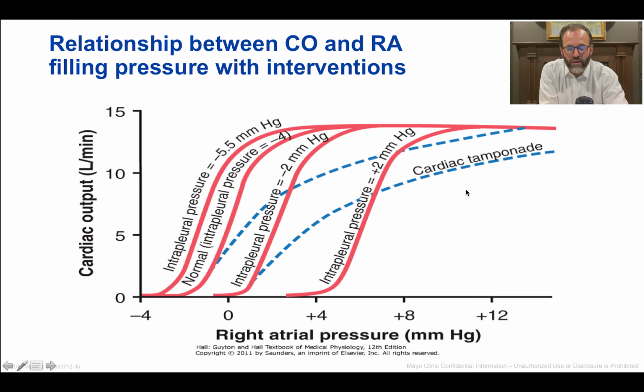Now, when we look at things like cardiac tamponade, where, again, cardiac tamponade is the filling of blood in the pericardial sac, ultimately compressing the heart, it's very similar to what you'd observe here with changes in intrathoracic pressure.